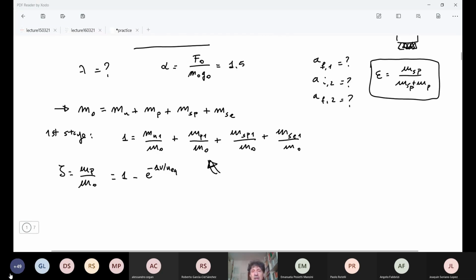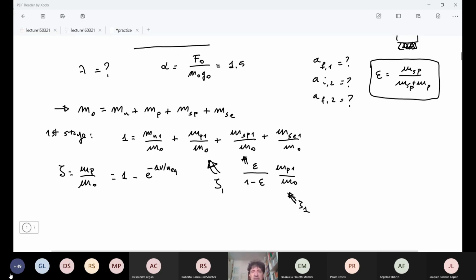And then we have this quantity, which will be, of course, epsilon over 1 minus epsilon, MP1 over M0. This term here. This is Z1, and this is again Z1. And this Z1, of course, is obtained by replacing the value here.